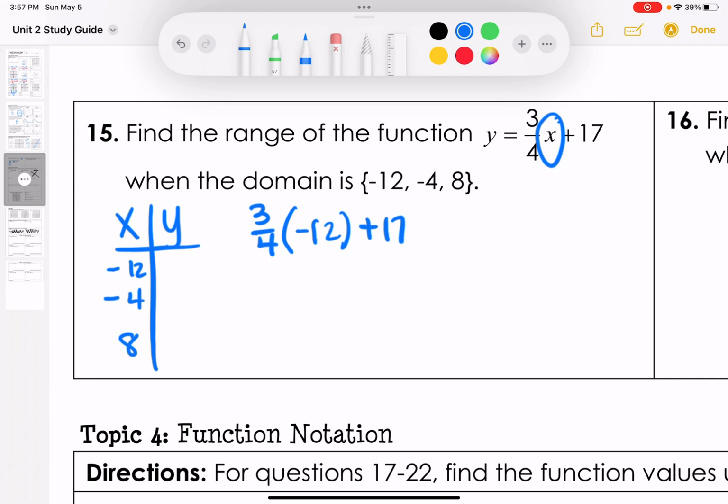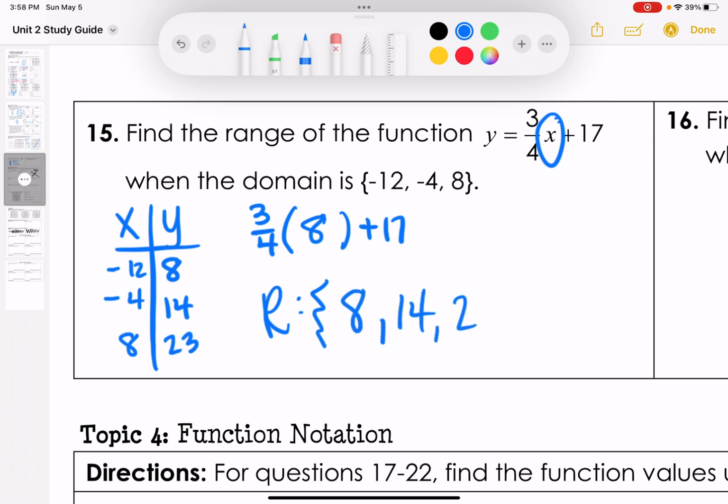When you type that in, you should get 8. Then you're going to do negative 4, and that should give you 14. And then you're going to do 8, which should give you 23. So then our range will be 8, 14, and 23. Okay, and that's all you have to do for those. You're just finding the y values that go with those x values.